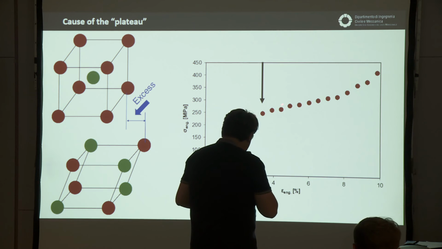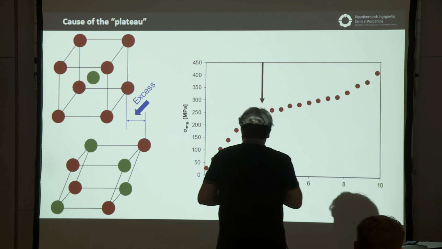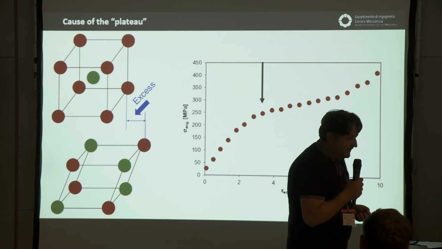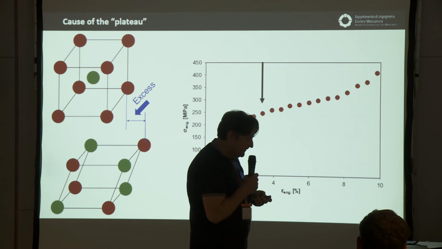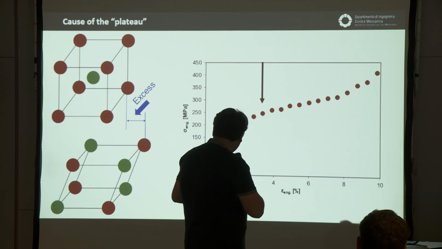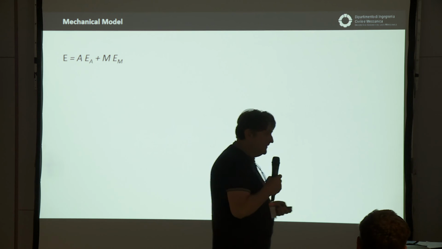It's a strange plateau because the slope is less than the slope of austenite and martensite. In order to find a relation for the stress-strain curve taking into account the martensite-austenite transformation, we propose this simple form.